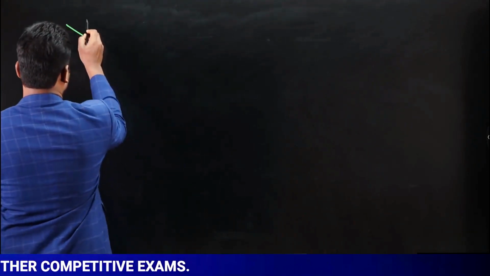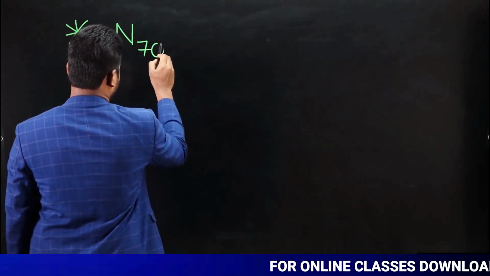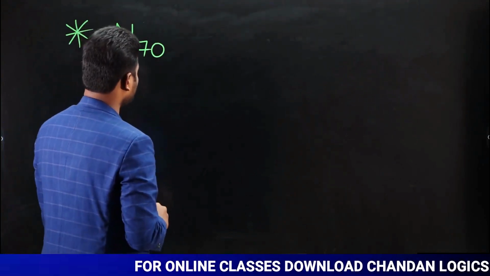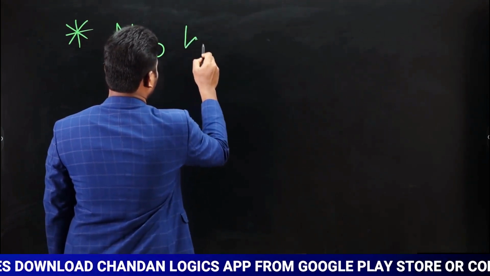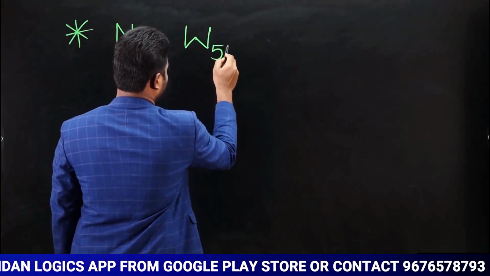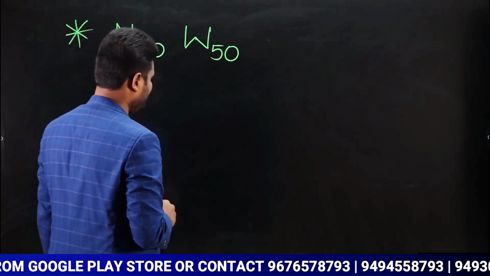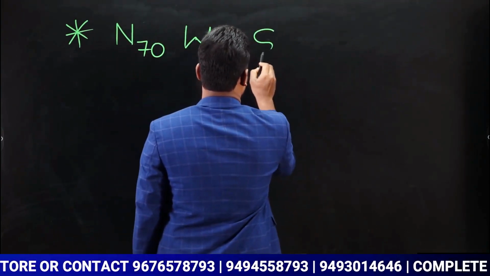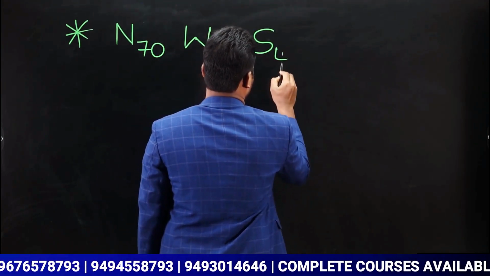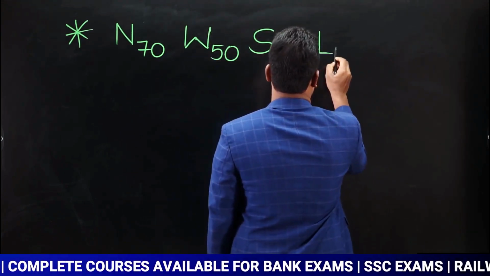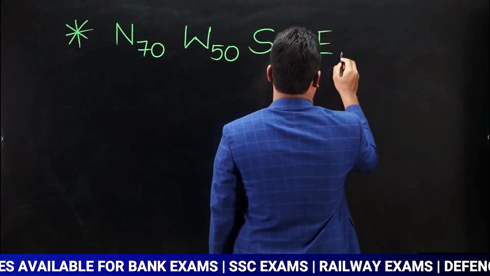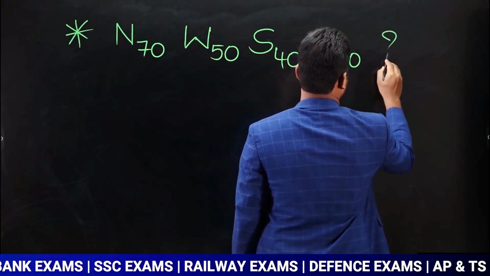Okay, let us look at one more question. A person travels towards north 70 meters, followed by west 50 meters, followed by south 40 meters, followed by east 90 meters.